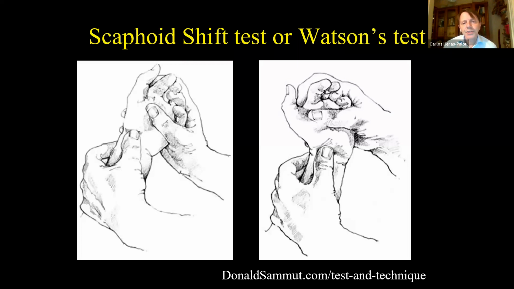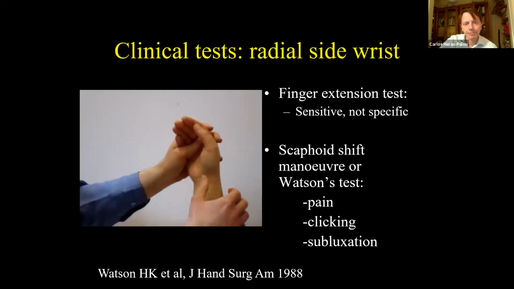If you try to resist that, and the scaphoid has intact ligaments, the scaphoid will push hard against your thumb. But if the ligaments are not intact, the scaphoid will not be able to push hard, and then it will subluxate dorsally. And if you have your index on the dorsum of the wrist at the scapholunate junction, you may feel a click, or you may feel the subluxation, or the patient may tell you what's happening.